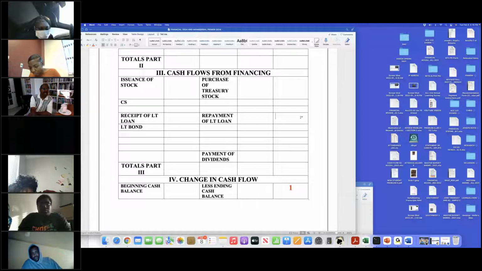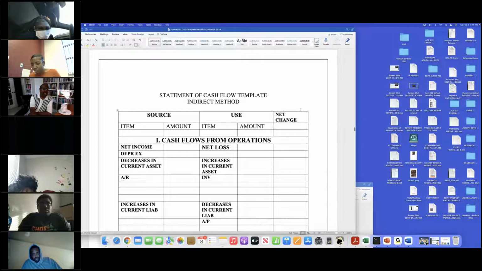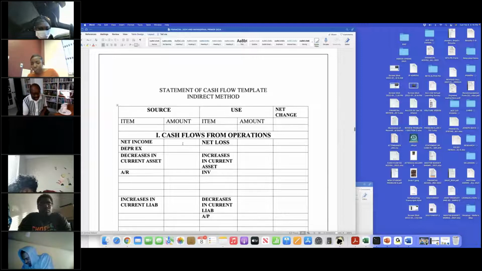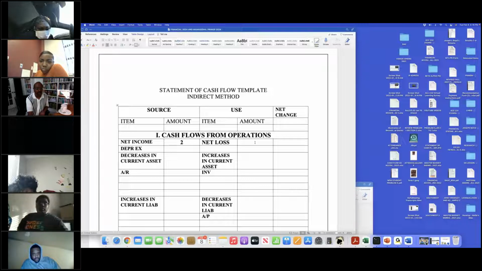The second thing you're going to do is to put in the net income, which is on the income statement, or the net loss, which is on the income statement. You have one or the other. That's the second thing you're going to do.